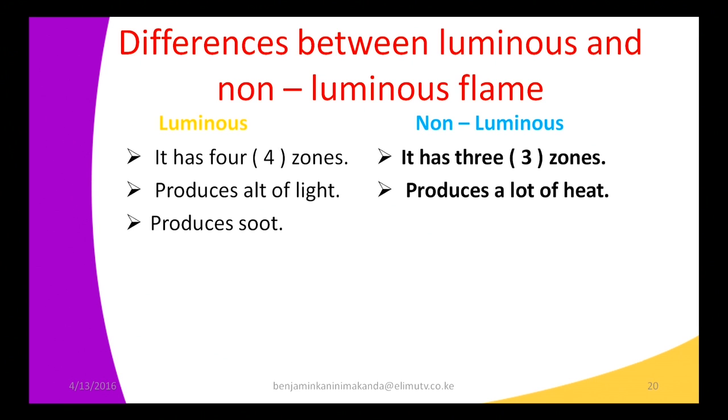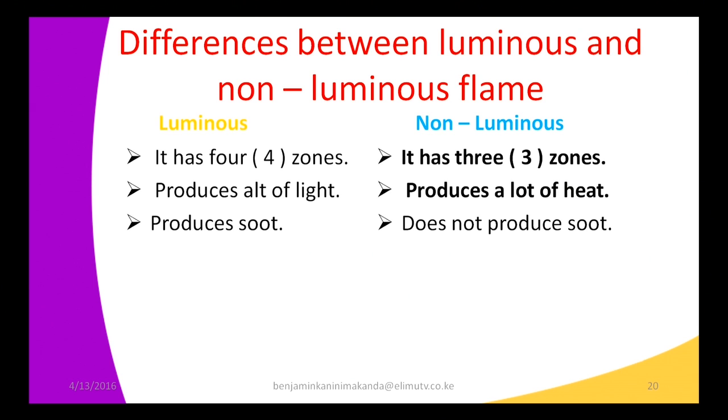Then the other difference between the 2 flames is that a luminous flame produces soot. What of a non-luminous flame? It does not produce soot. If you light a candle and just hold your hand above the candle, after some time you will realize that some black substance is getting onto your hand.